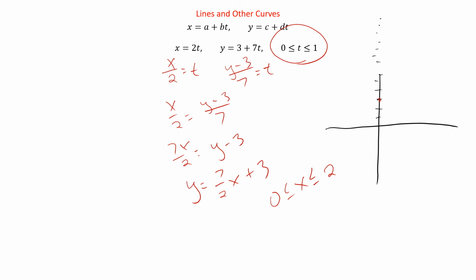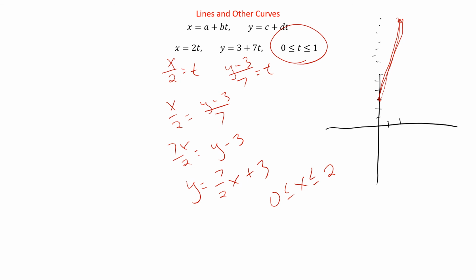I don't know how far up that went, but we get somewhere right in there. And then you just connect the dots using a straighter line than I did. And there we go.